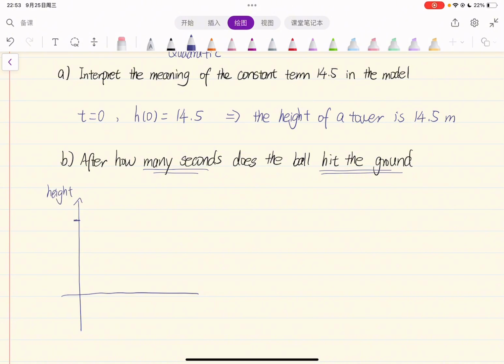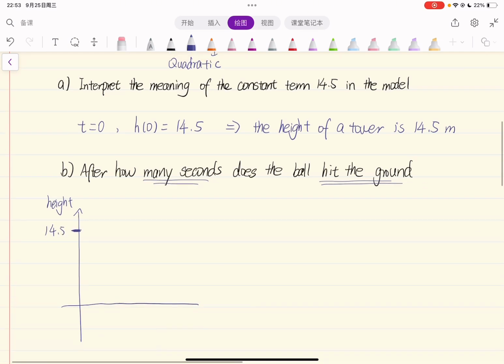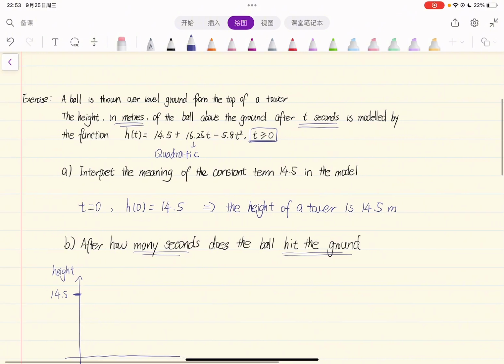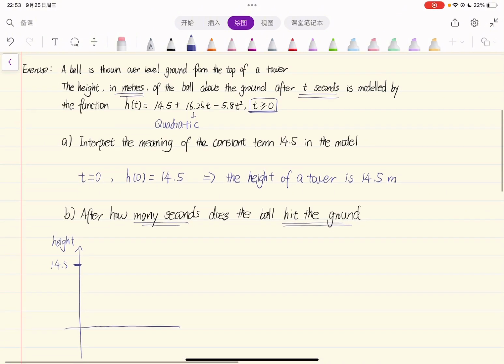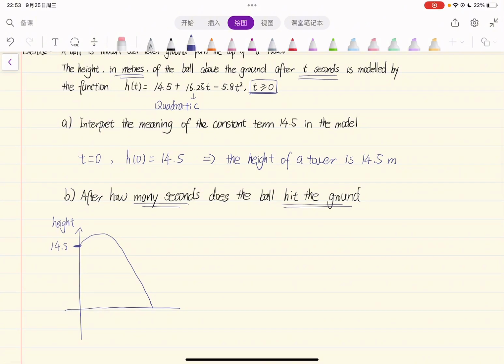So we have the tower over here. This is the tower that is 14.5, the top of that. And the ball is thrown over level ground from the top of the tower. So we throw it and it hits the ground, right?